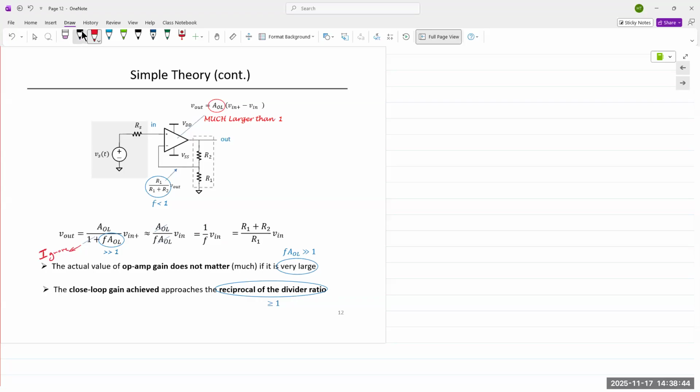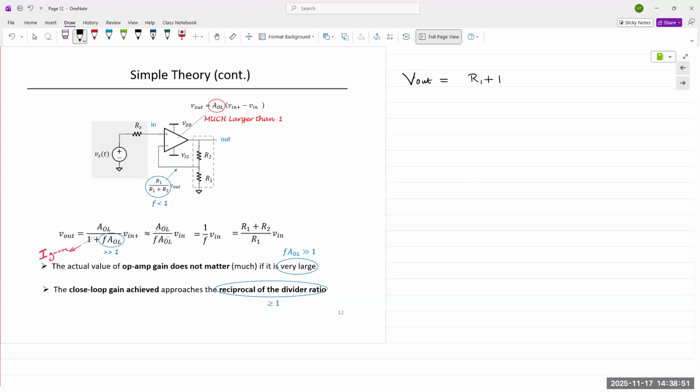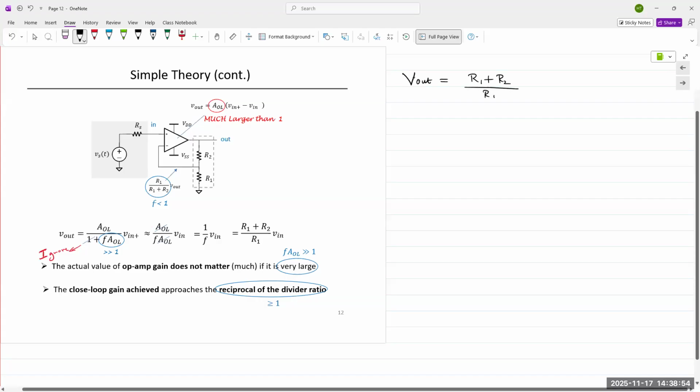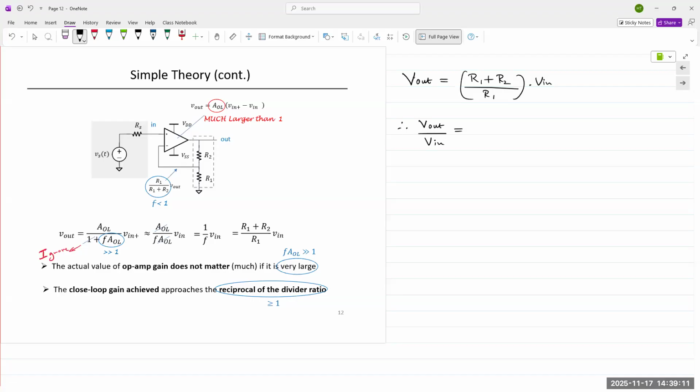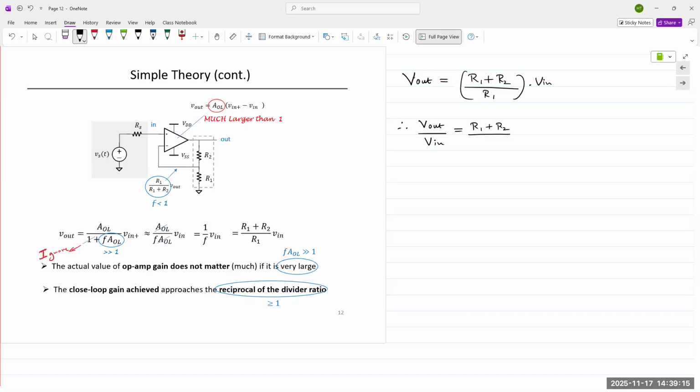And so our V out has the form (R1 plus R2) over R1 times V in.